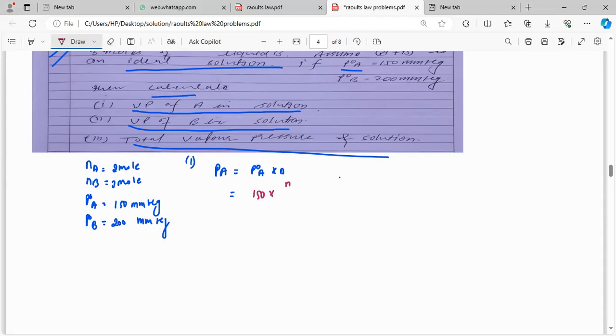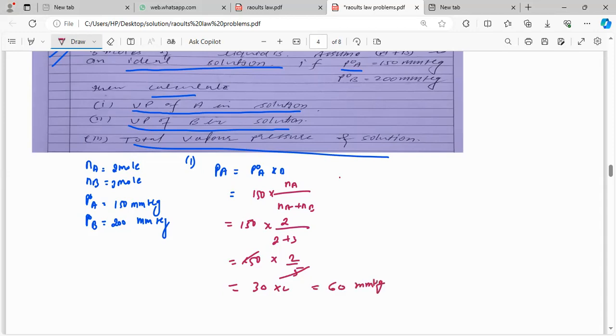XA means NA divided by NA plus NB. So what will it be? 150 multiplied by 2 mole divided by 2 plus 3. So 150 multiplied by 2 upon 5. 5 threes are 15, 30 into 2. So it is coming 60 mmHg.